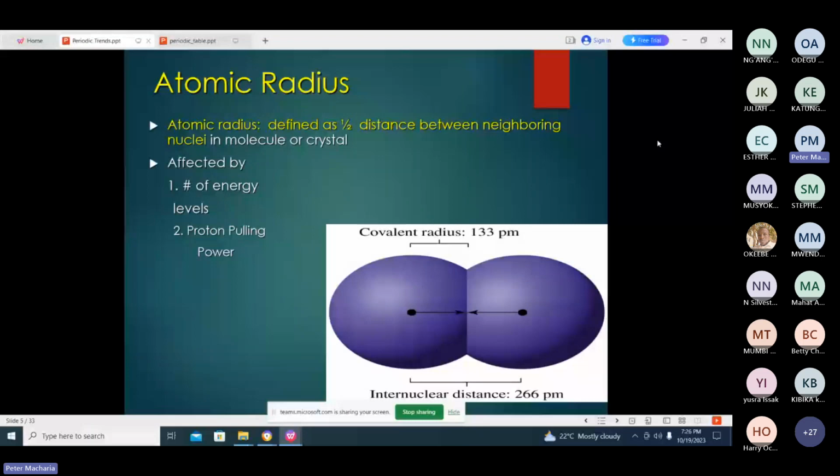So I was saying that there are two types of elements. Those that are molecular usually have their atoms bonded to one another through covalent bonding.